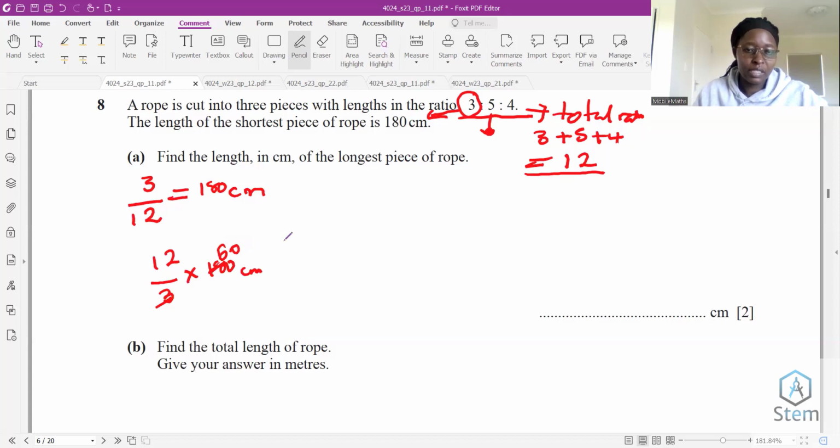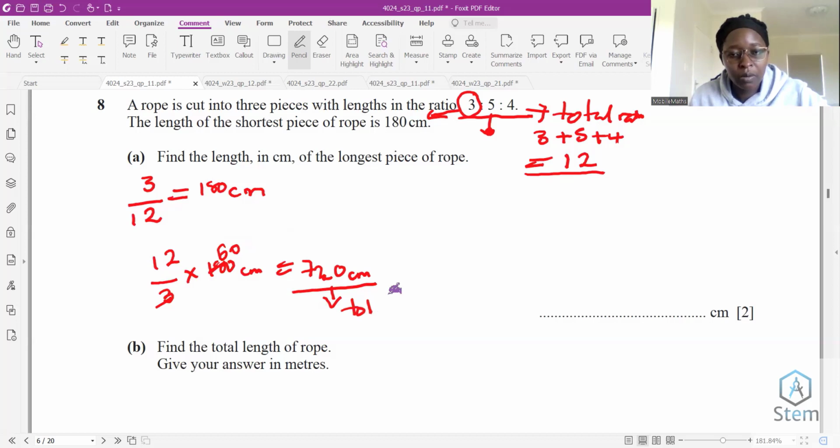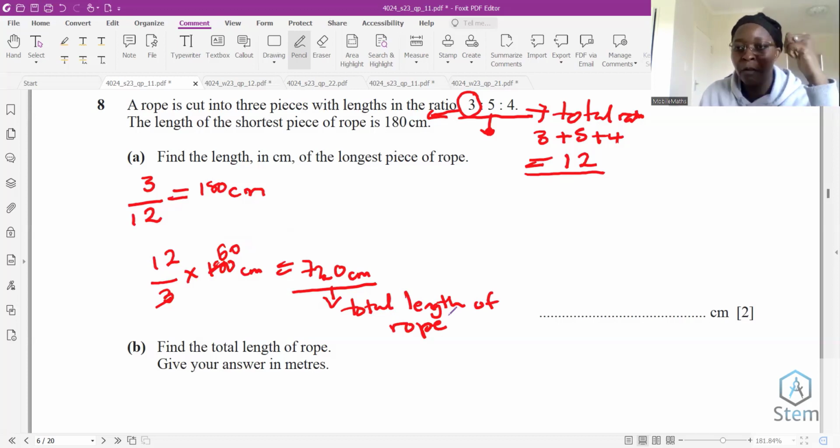So I have 60 times 12. 60 times 12 gives me 720 centimeters. So this is the total length of the rope. We want the length of 5 over 12.